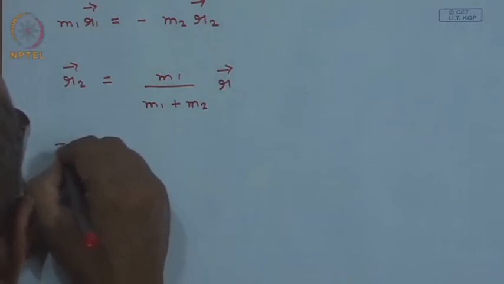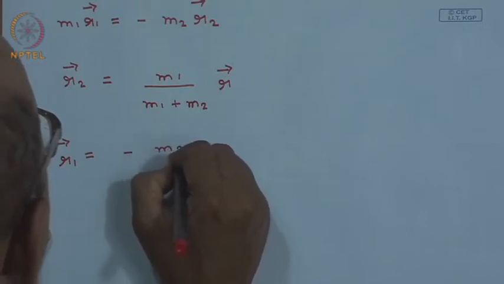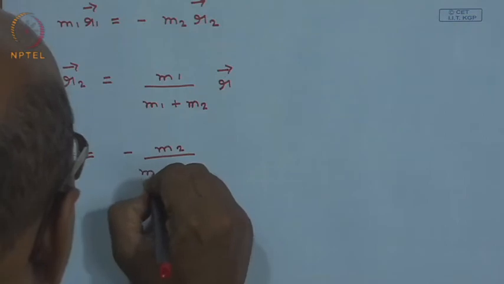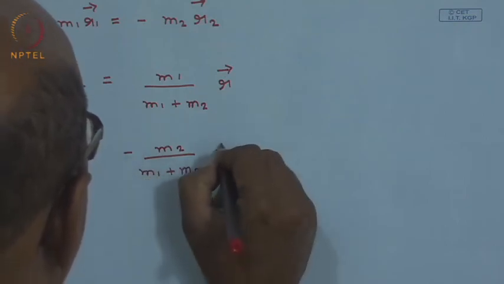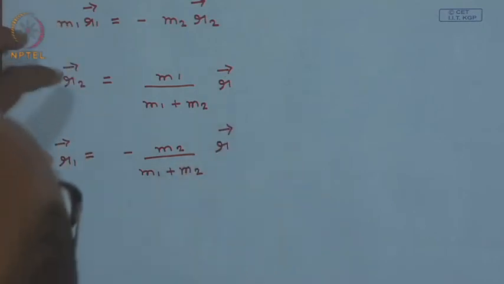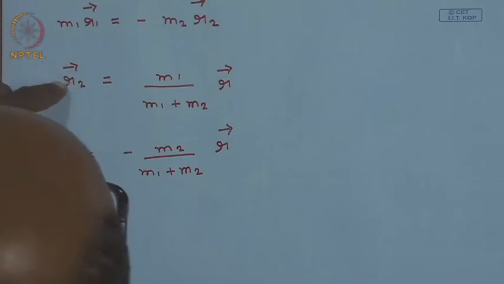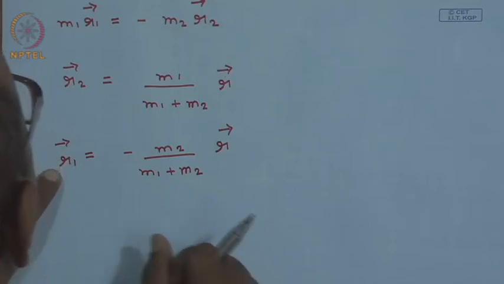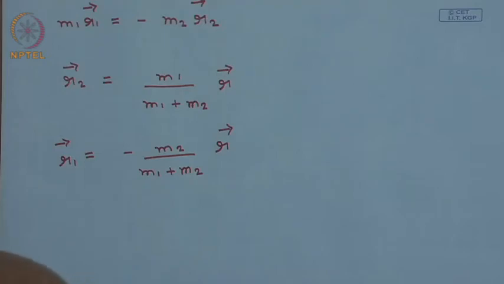R1 is equal to minus M2 by M1 plus M2 into R. So, we see that the ratio of the magnitude of the vector R2 by R1 is equal to M1 by M2. So, it is all consistent with this. Okay.